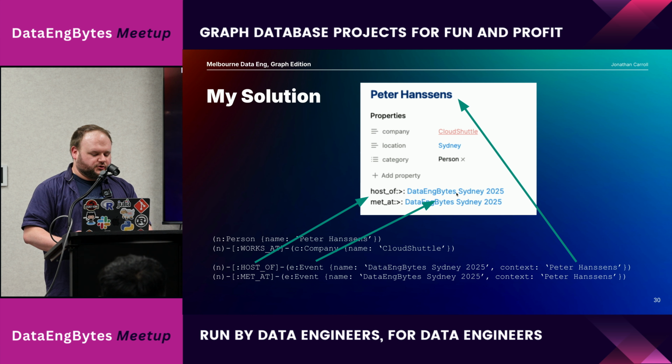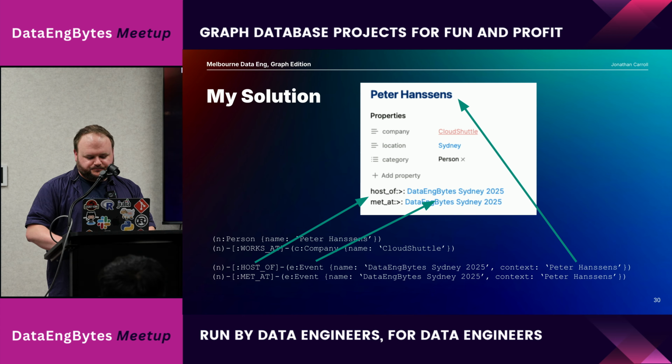That parsing is not too hard to do, because as long as the word just behind a note has this at the end of it, you can detect that with just a regex. I'm going to use that as my link type, and this still feels a little bit natural language, in that I'm still saying is host of, but now I've got a specific tag that I want to use as the edge name. The other thing that I'm going to have for this is the actual context of where this link came in. So once you've generated all of your edges and you want to say, where did I learn that? This will be able to backtrack to the actual note that it was generated in.